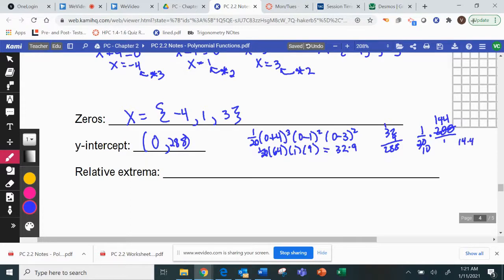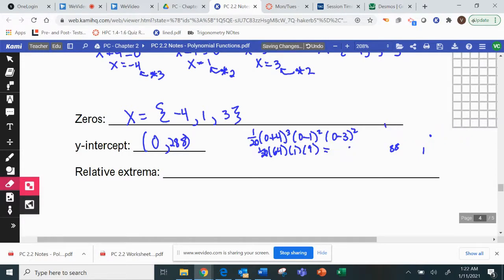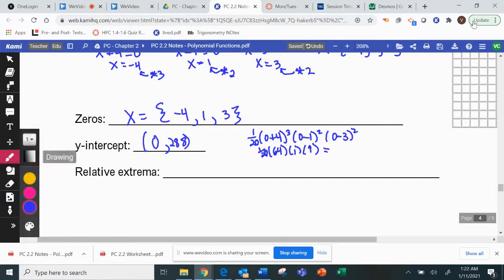What did I miss? Oh, I did multiply. Oh, okay. I've got to go back now. Sorry. I did multiply it by 1/2. I meant to multiply it by 1/20th when I did the 64. That's what happened there.